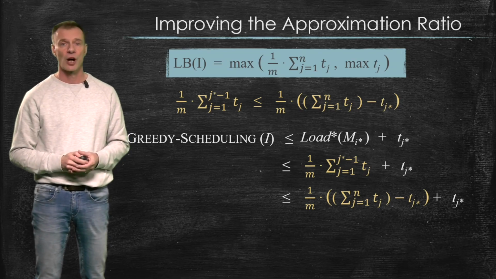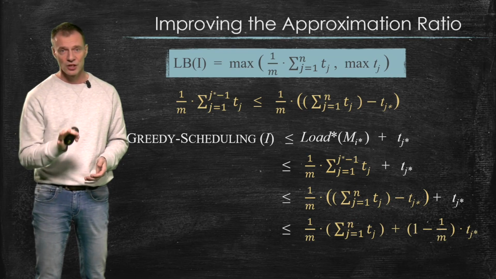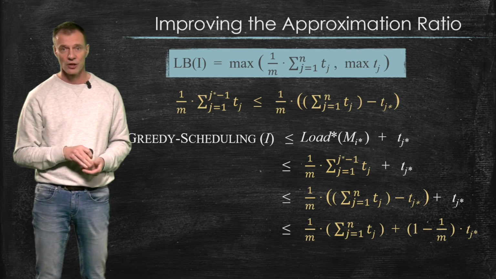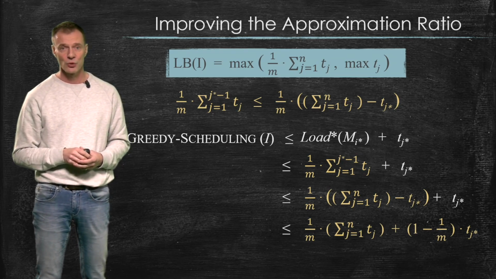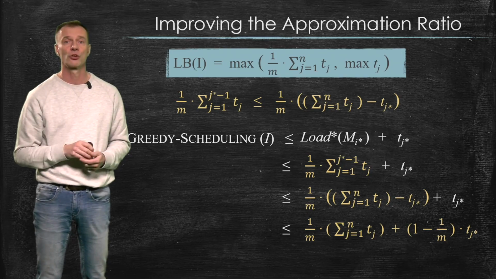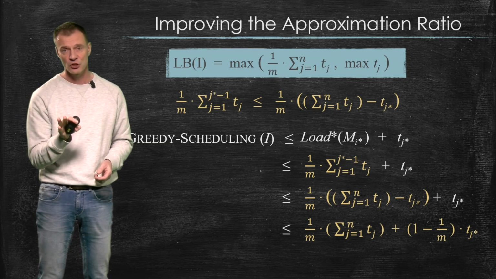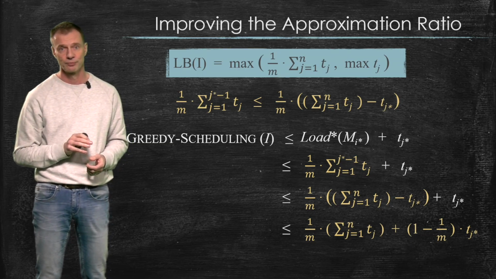Now let's rewrite this a little bit. So what happens is that the t_j*, I move it out of the summation and into the right term. And then you get that the first term that you see is still the lower bound, but the second one, this t_j*, is now multiplied by 1 minus 1 over m.